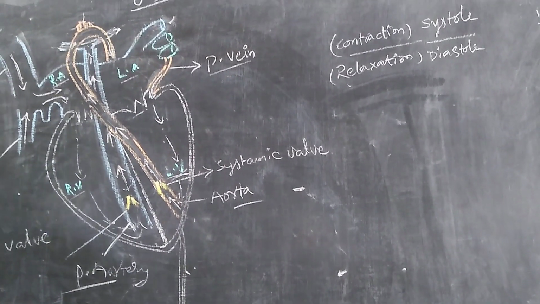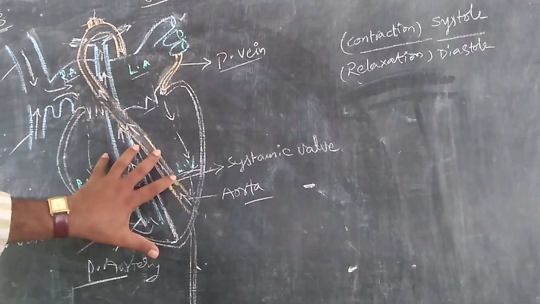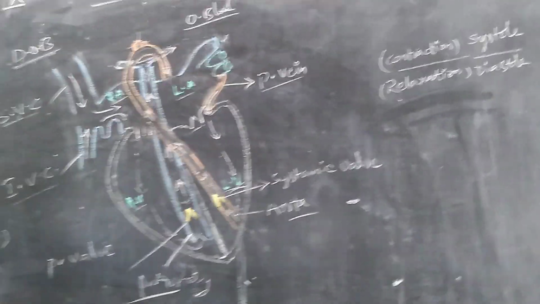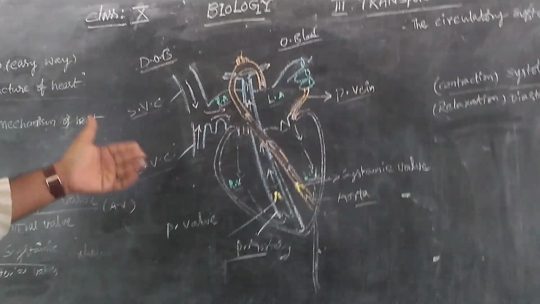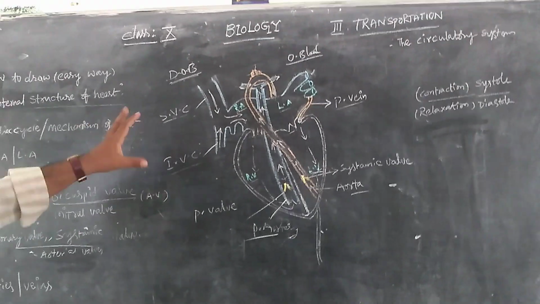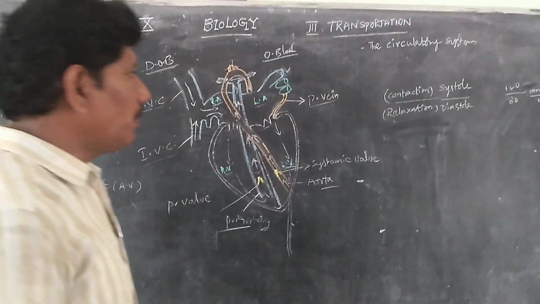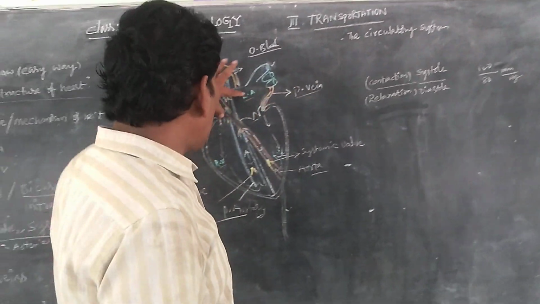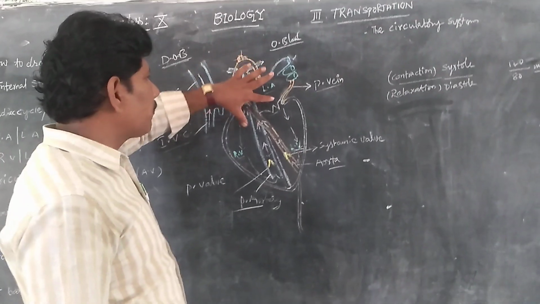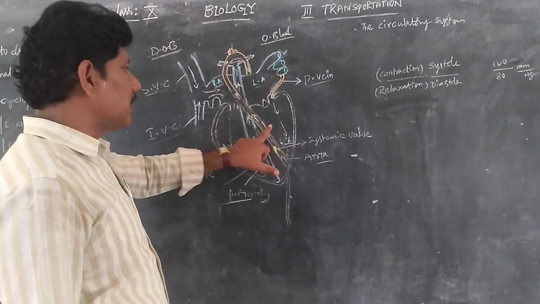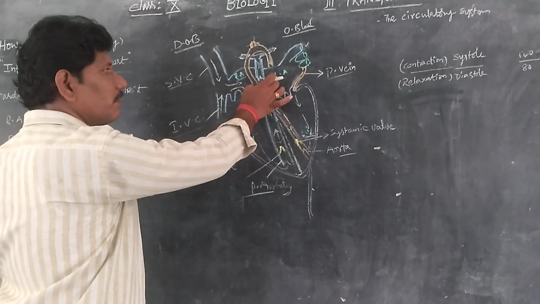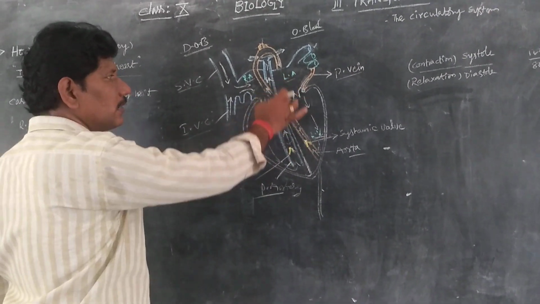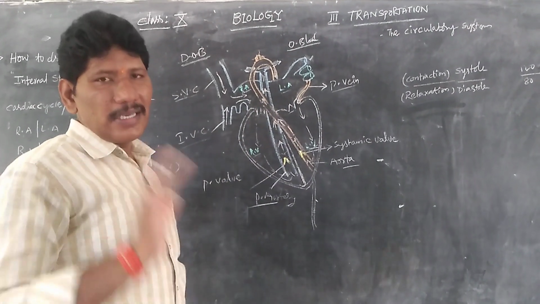So this is the cardiac cycle, and the internal structure of the heart we discussed in the previous video, and today also we are going to discuss the same topic. So finally, one contraction and relaxation of both the atria and the ventricles is called the cardiac cycle.